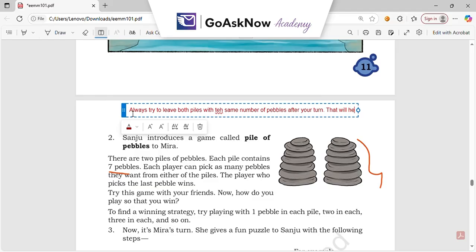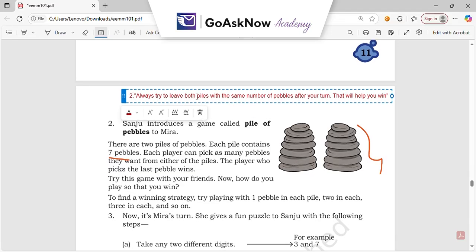That will help you win. This is the strategy for the second question.